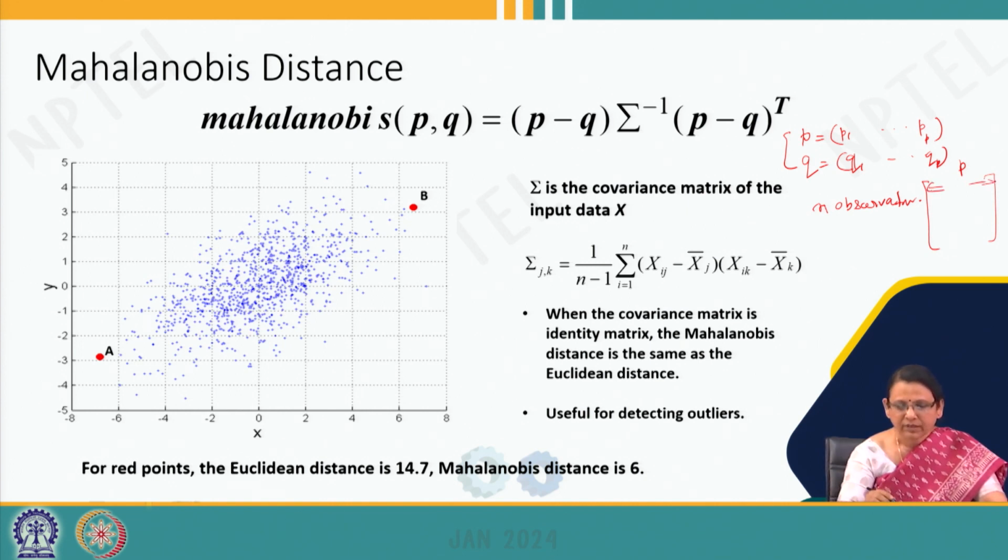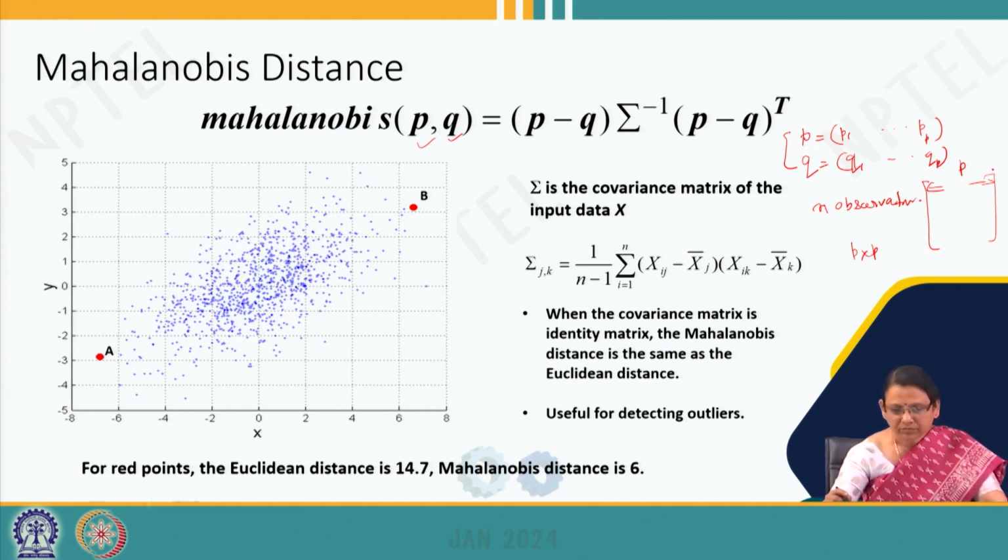From these n observations, we can get the covariance matrix, which is a p cross p matrix. Because I am also using P as the points, please do not confuse it. P is the point here, and the p that I am talking about now is the dimension.